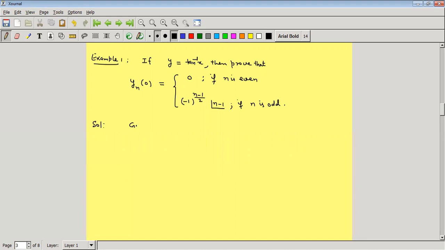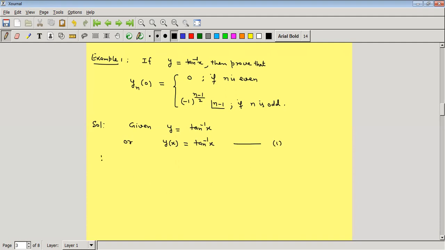Given y is equal to tan inverse x. So y is equal to tan inverse x means y is a function of x. So we can also write this y as y of x, because y is a function of x, so we can write y(x) is equal to tan inverse x. Let this be equation number 1.